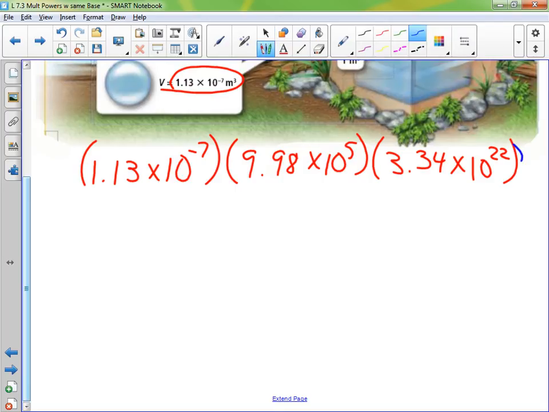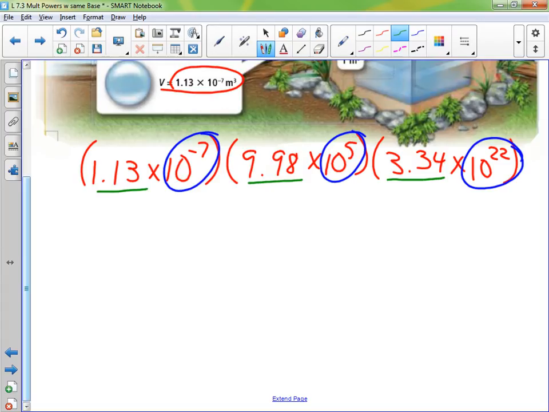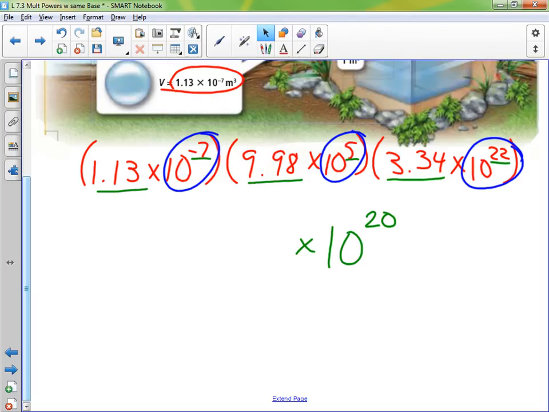You just have to take the 3 powers of 10 and multiply them together, and then take the 3 numbers and multiply them together. Well, the powers of 10 part should be easy. Add the exponents. 22 plus 5 is 27, plus negative 7 is 20. Multiplying the other numbers together isn't so easy.